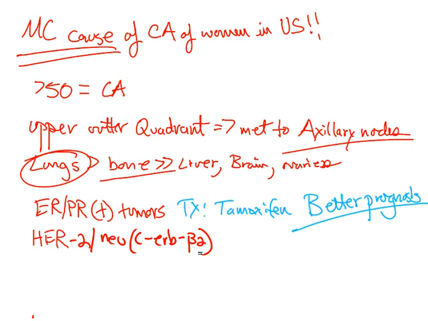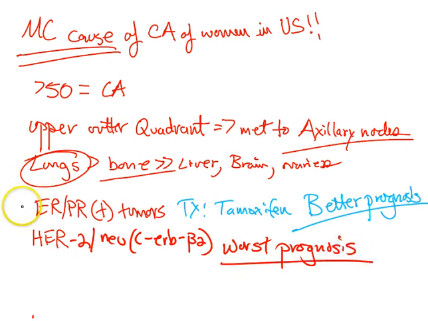So when this happens, it's the worst prognosis. Okay, so these are the two main types of most frequently seen breast cancer.